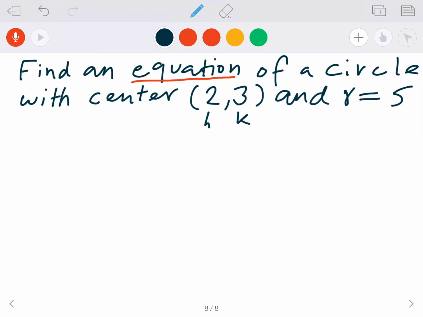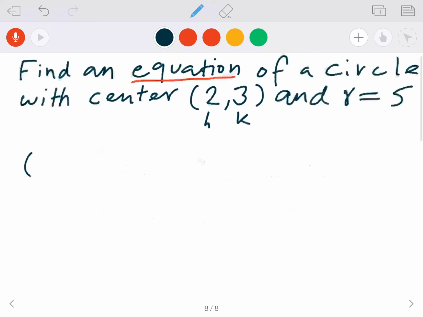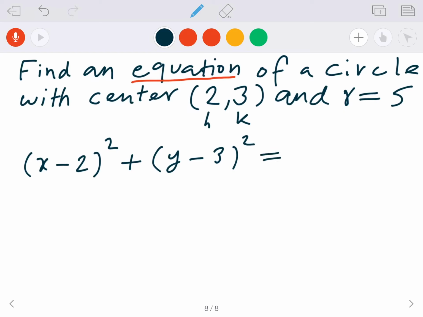So the equation is x minus h squared plus y minus k squared equals r squared. So x minus 2 squared plus y minus 3 squared equals r squared, or 5 squared.